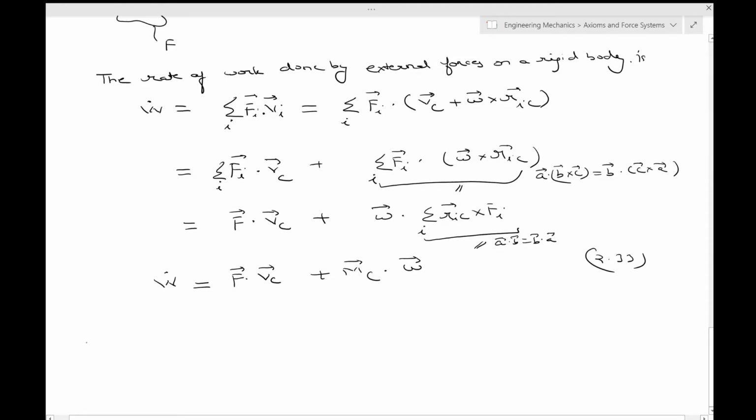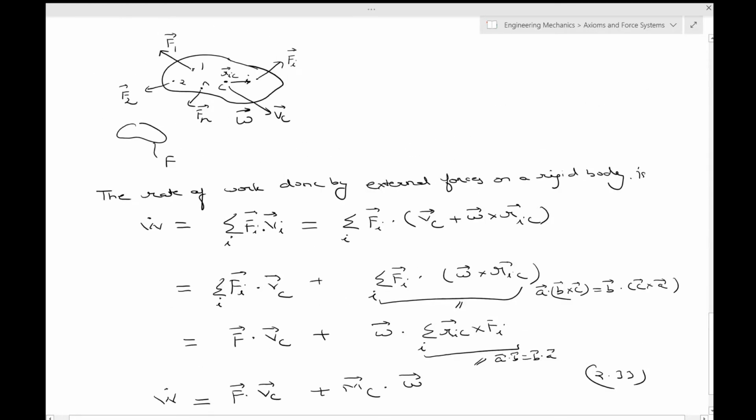So this implies that the work to equivalent, now looks okay, I shouldn't do this, I should actually put this in green.